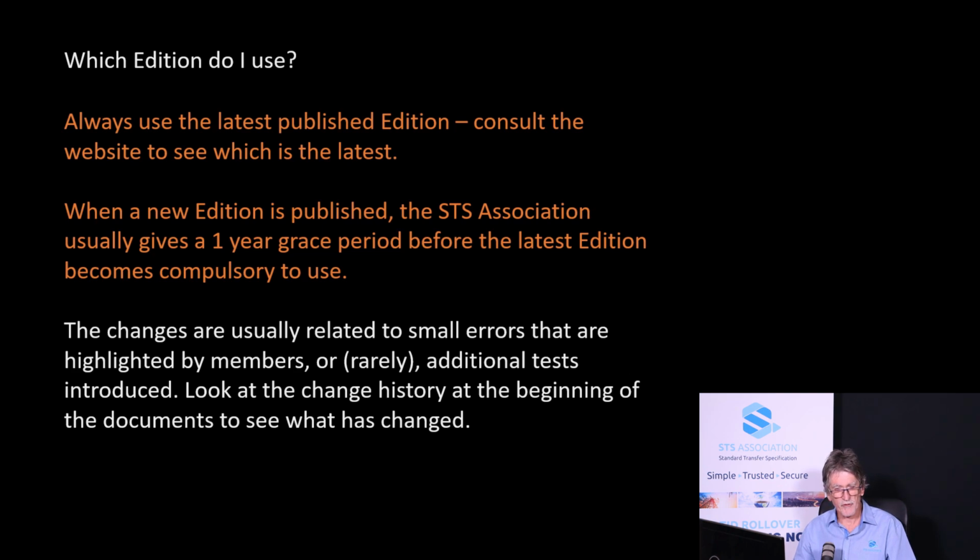However, from June next year, you can no longer use 1.9.4, you have to use 1.9.5. The changes made to these documents are usually small errors that are highlighted by members, or rarely we can add an additional test. Look at the change history at the beginning of the document to see what has changed.